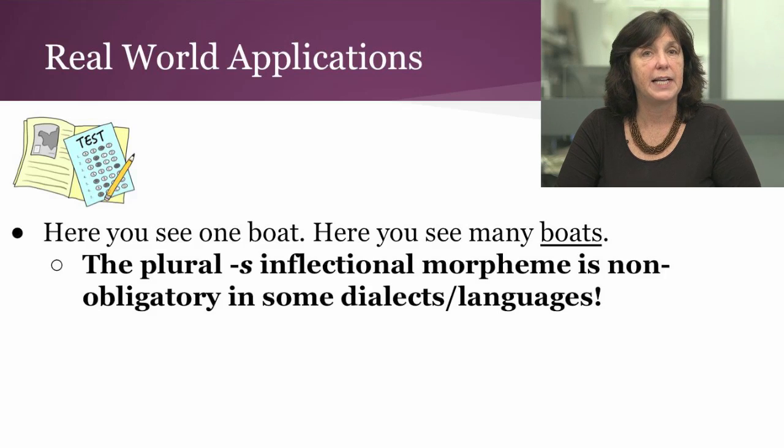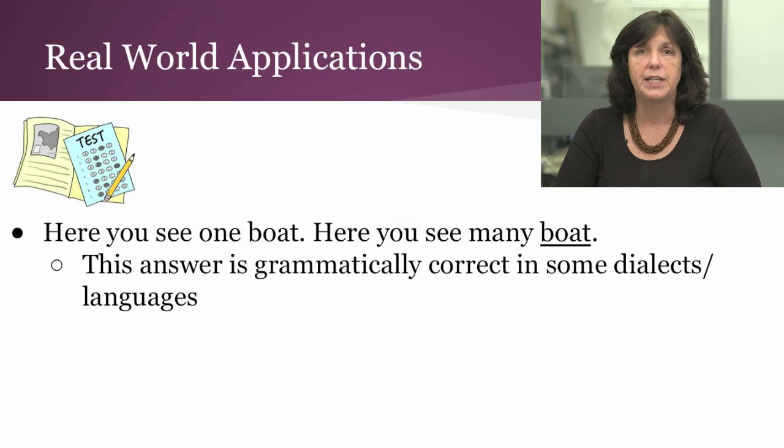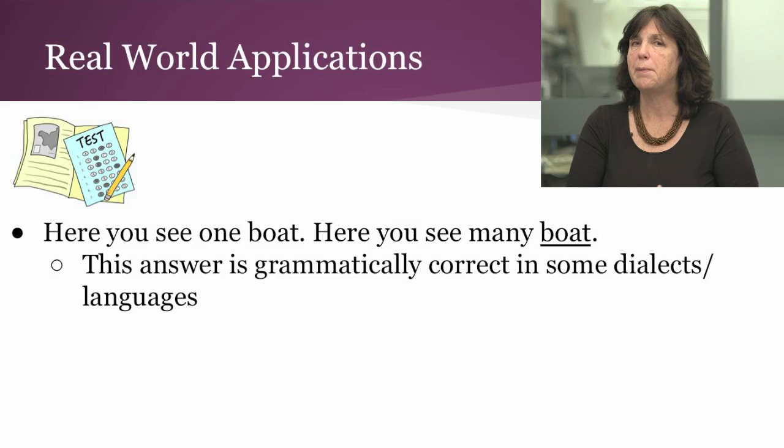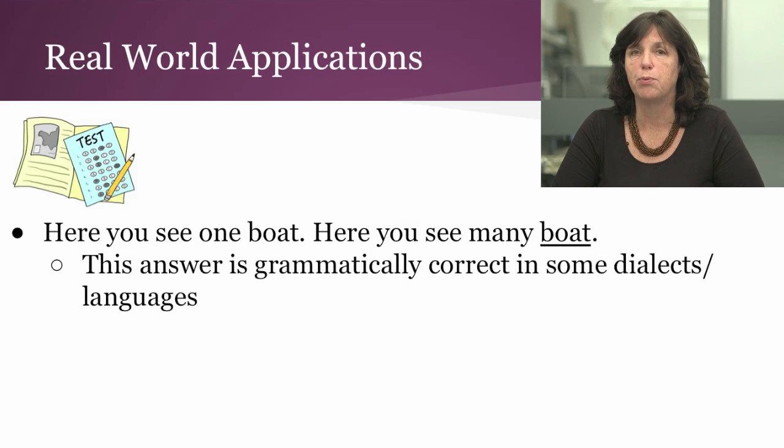Because the plural S inflectional morpheme is not obligatory in some dialects, actually in many dialects. So this answer, boat, instead of boats, is grammatically correct in these dialects. Can you remember some examples of dialects where the plural S inflectional morpheme is not obligatory?